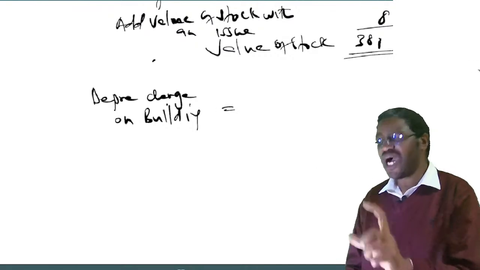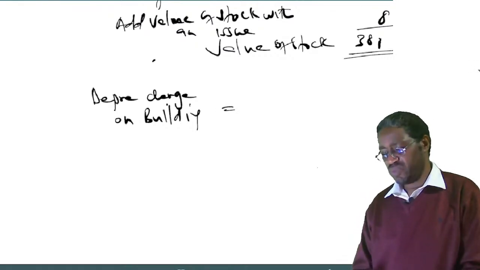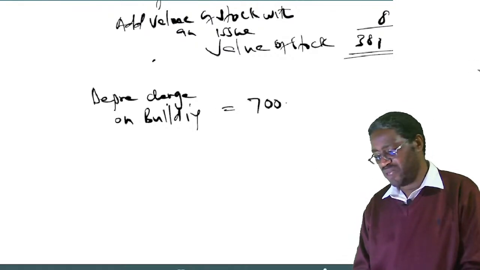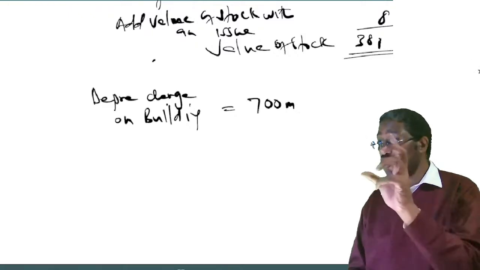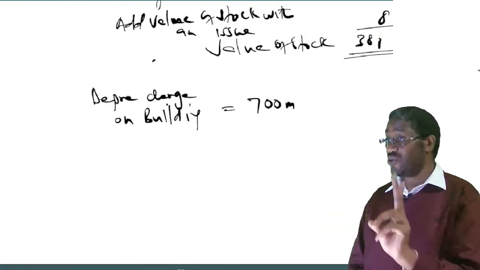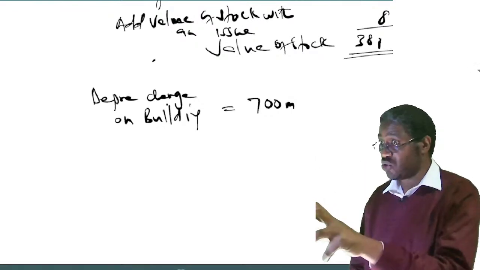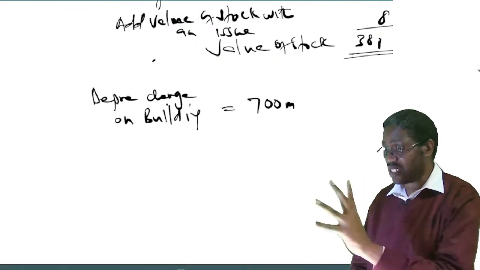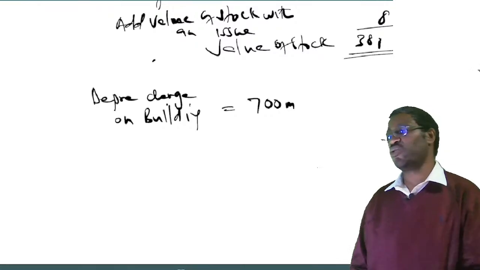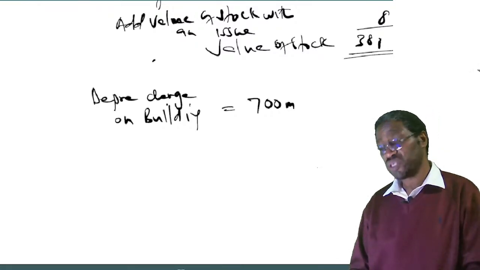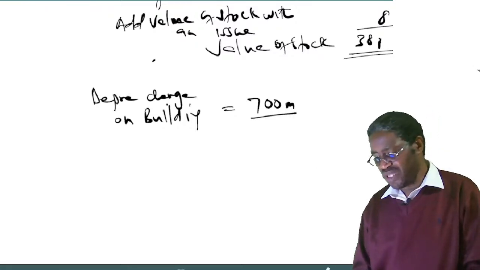That building alone had a value of 700 million. Remember, both of them, land and buildings, were revalued to 800. And the examiner has told you, land 100, meaning building on its own was revalued to 700. We divide that by the remaining useful life of 40 years.